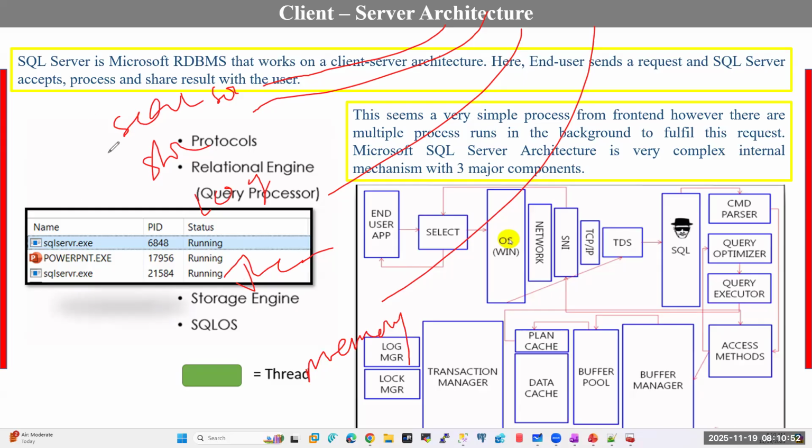Slowly we'll talk about this at a high level, but as of now we'll focus on these two: SQL Server Architecture and Storage Architecture. The rest, like log file, TempDB, memory, we'll talk about at the advanced level when we are talking about performance tuning.